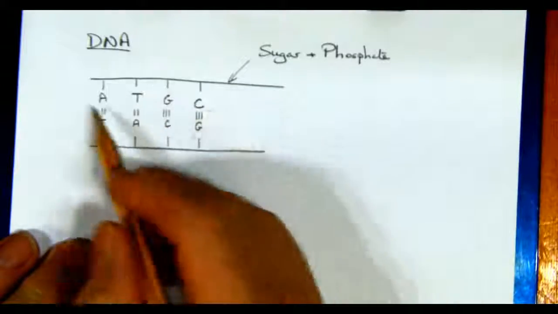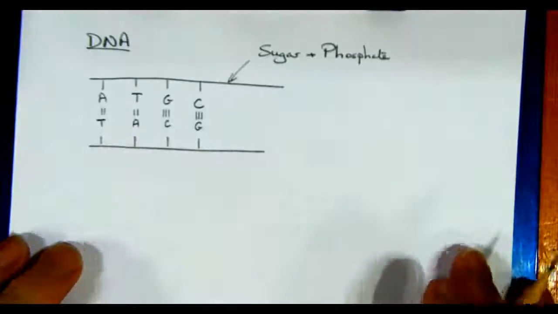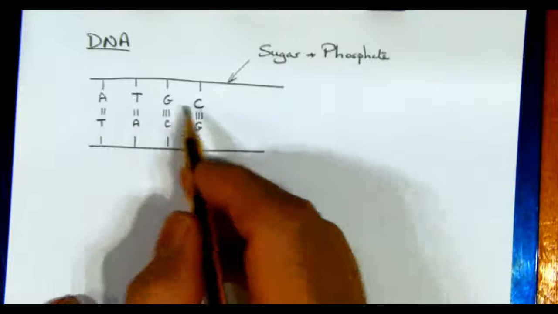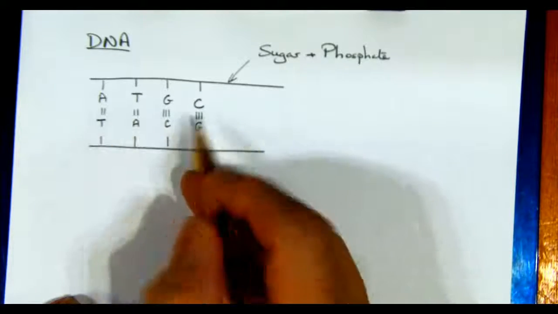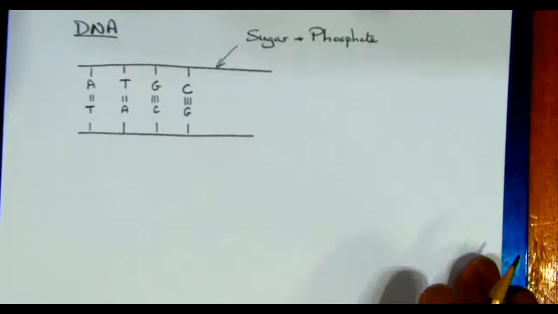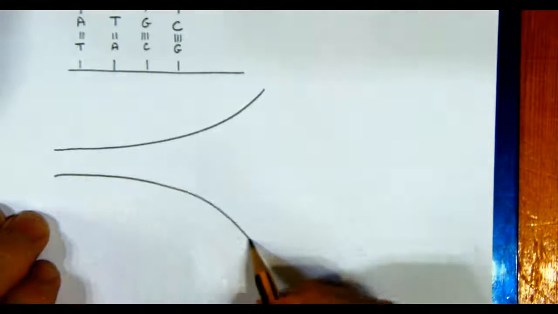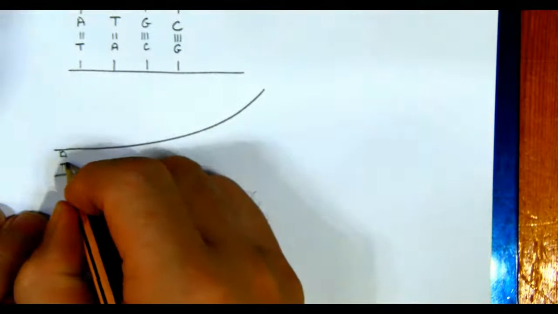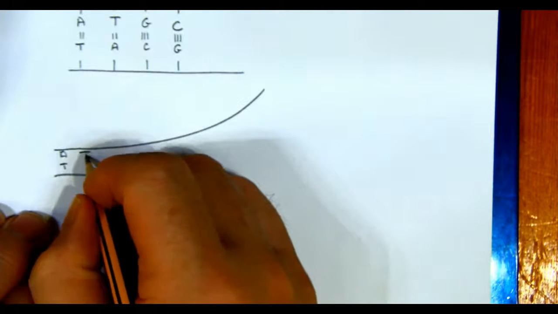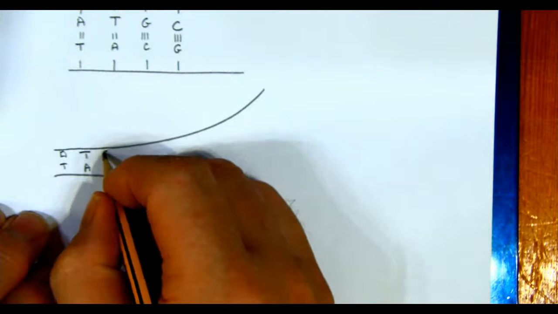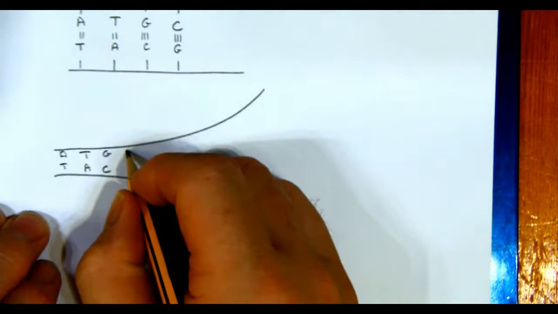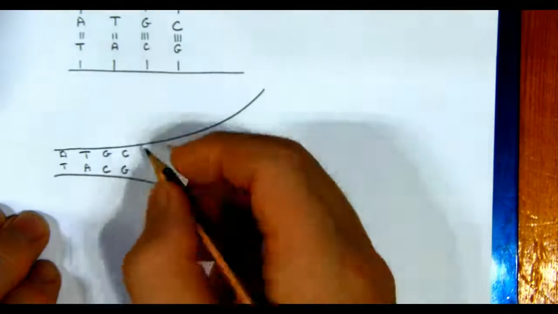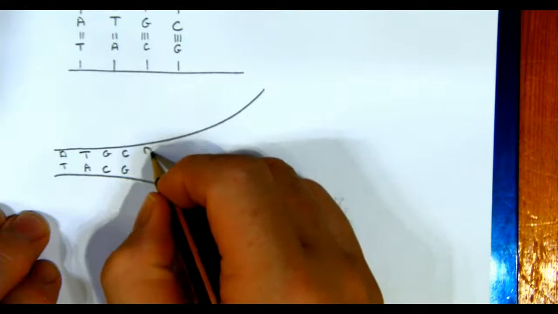So here's our basic structure, and let's move on from here to look at why DNA is good. Well, DNA can replicate, and if I take a couple of strands and I break them open, so we'll have our A with our T, and then we'll have a T goes with an A, G with a C, with a G. Right, let's repeat that pattern here.